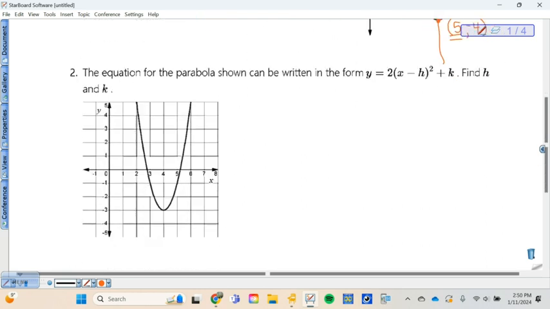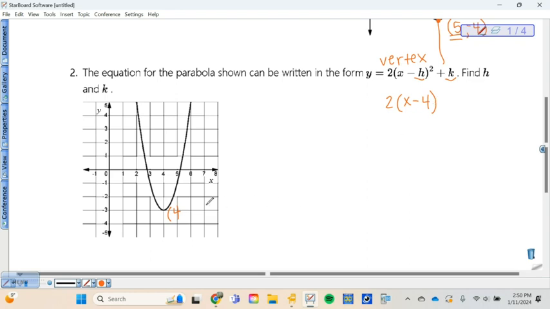Right, number 2. So the equation for this parabola can be written, right, this is again vertex form, but we want to figure out what is h and what is k. So what's my h going to be? h equals 4, but then when it's in the equation, it does look like x minus 4.